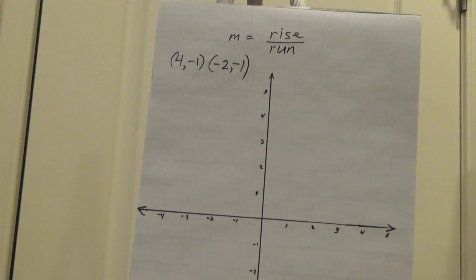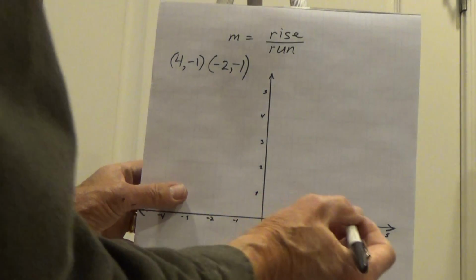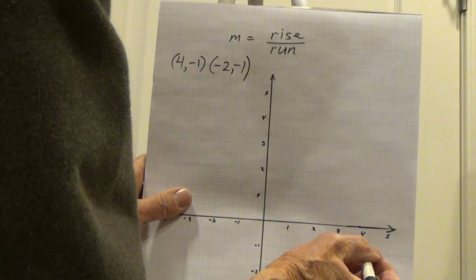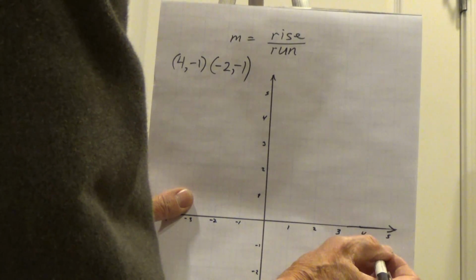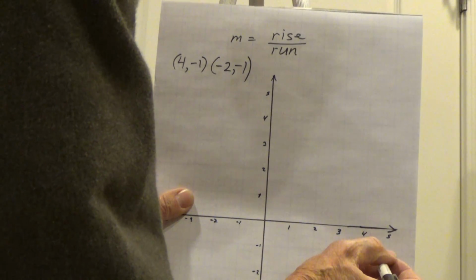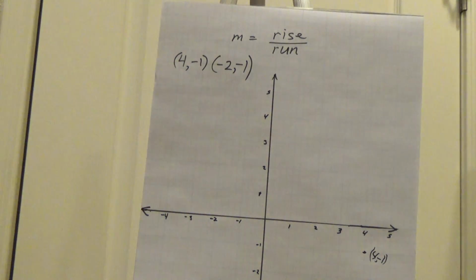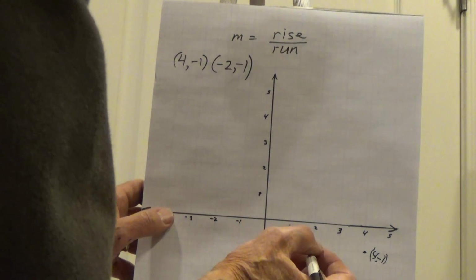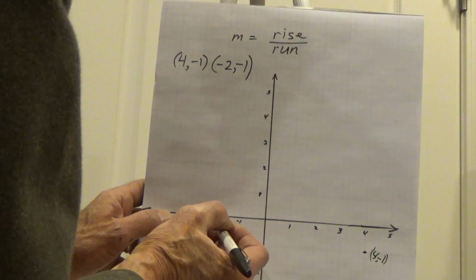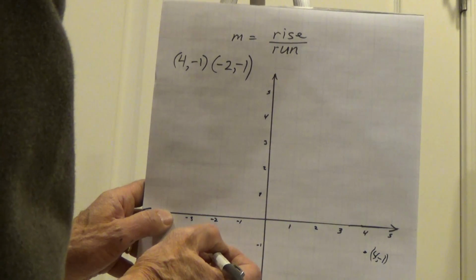Okay, so here we have another situation where we're looking for rise over run. 4, negative 1 is down here. 4 and negative 1. And then we have negative 2, negative 1.